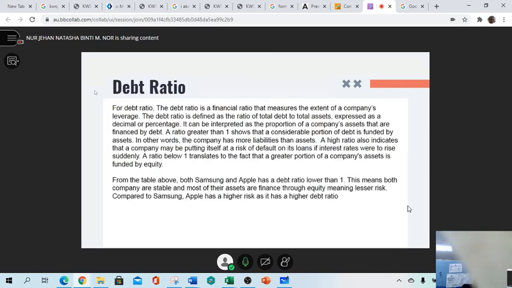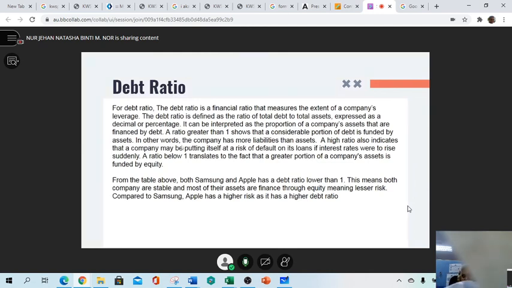Debt ratio. Debt ratio is a financial ratio that measures the extent of a company's leverage. The debt ratio is defined as the ratio of total debt to total assets. Hence, as a decimal or a percentage, this can be interpreted as the percentage of a company's assets that are financed by debt.